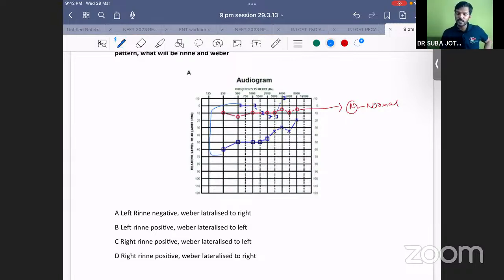First, with the help of the audiogram, come to the diagnosis. With the diagnosis, you apply the tuning fork tests. What will happen to Rinne in that particular diagnosis? What will happen to Weber's? You just have to derive the diagnosis and then apply Rinne and Weber inference to that diagnosis.